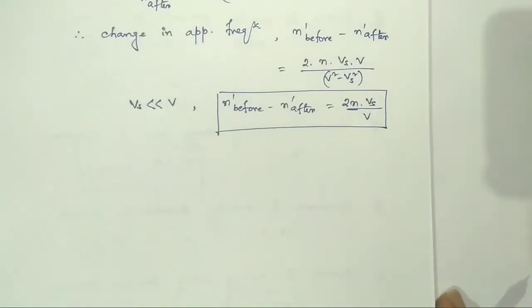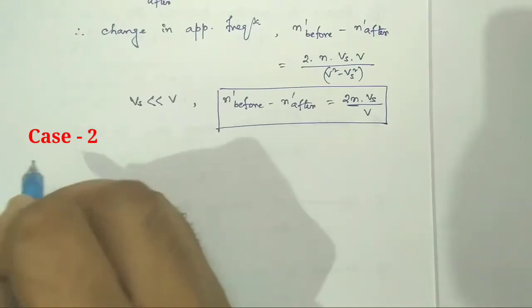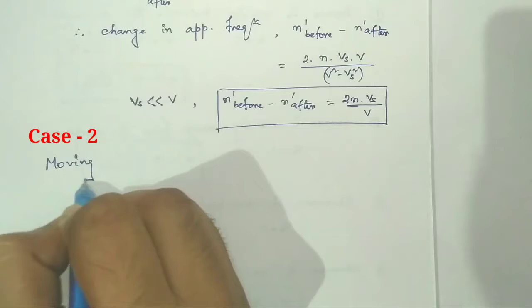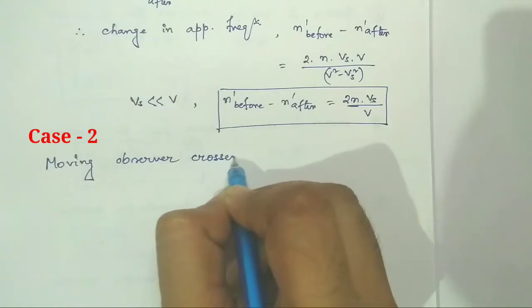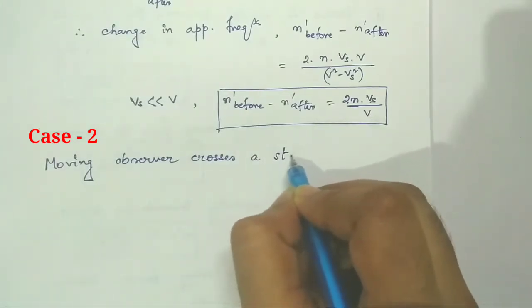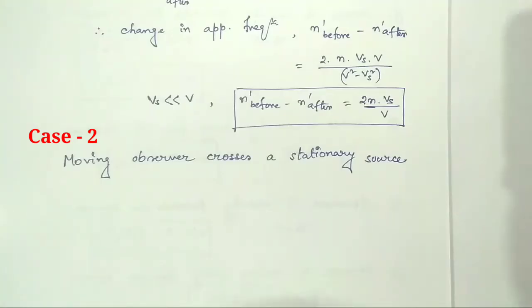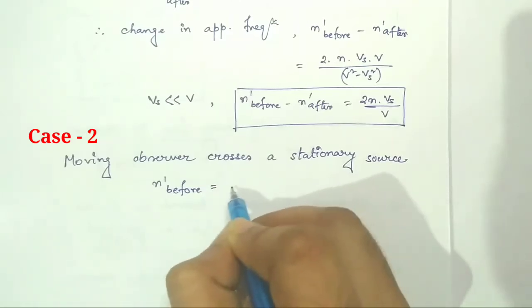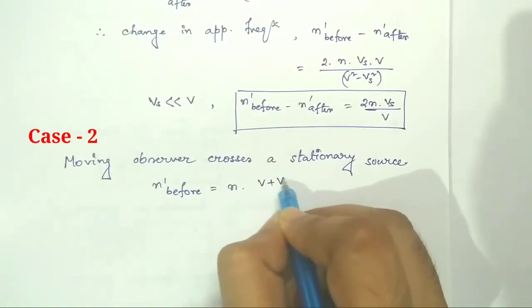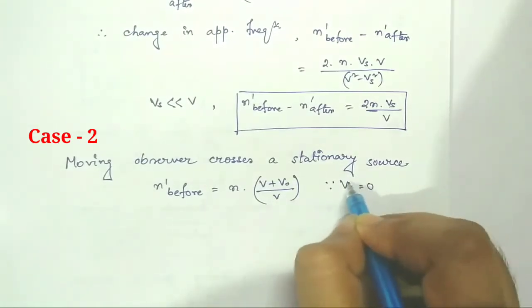Now move on to the second part. The second case says that a moving observer crosses a stationary source. In this case, the apparent frequency before crossing is given by n prime before equal to n into (V plus Vo) divided by V, since Vs equal to 0 here.